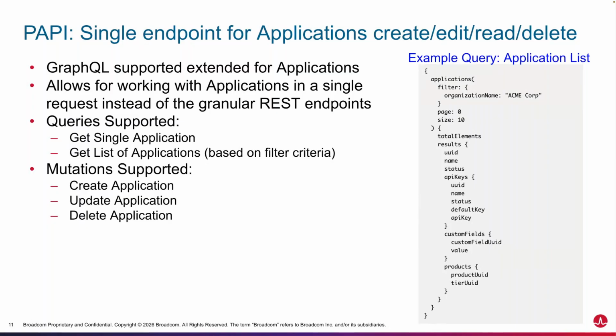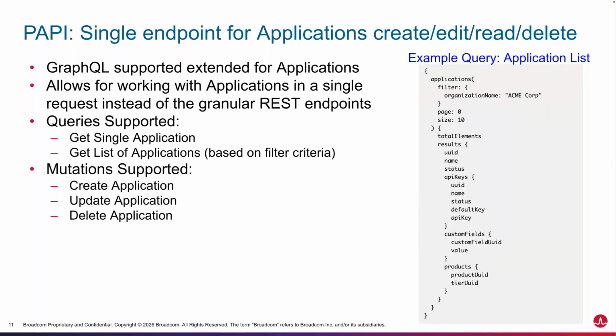This basically now allows you to work with applications in a single request instead of having to use the multiple granular REST calls before. So for example, if you wanted to publish an API before, you had to basically create an application, add a key to it, add an API to it, and then call another API to actually publish it, right? So minimum of kind of 4 API calls to get an application published.